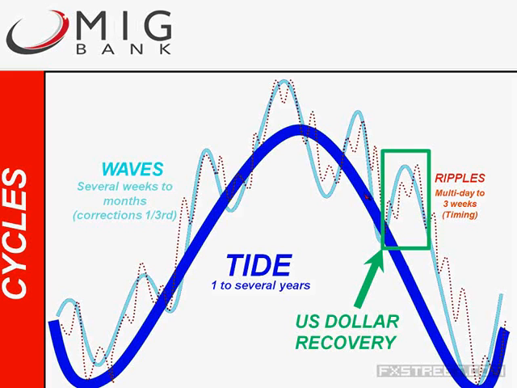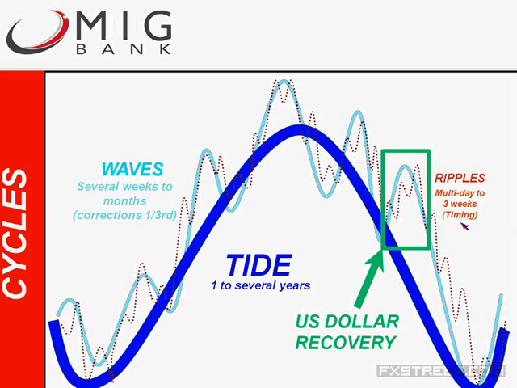So we are in this long-term down cycle, this big fat blue line, the tidal wave or the long-term cycle in US dollar is down, but along that path, along that roadmap, we are currently seeing a US dollar recovery, which is just part of the multi-cycle overlay. So this is the US dollar recovery, which I believe will probably gain up to 30% in the next 6 to 12 months. And this is how it looks.